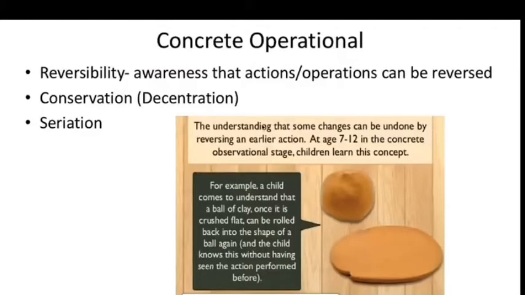Dahil alam na ng child na taller nga siya, narrower nga siya, so makipot nga siya. So that means the child does not just center his focus, his attention on one part, one aspect of an object. Pero nako-consider na niya lahat ng bahagi ng isang bagay. Okay, so that's conservation or decentration.